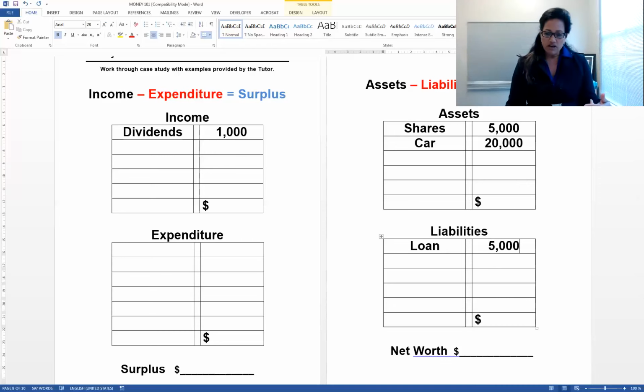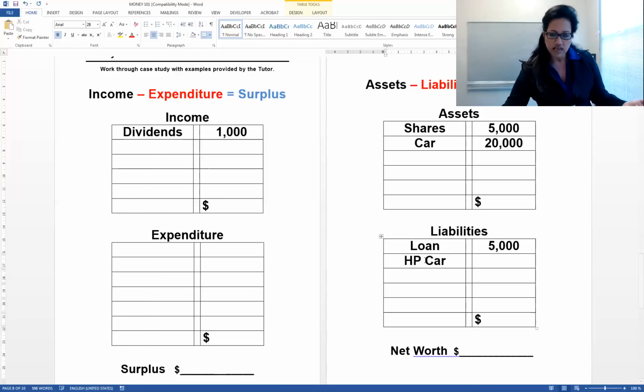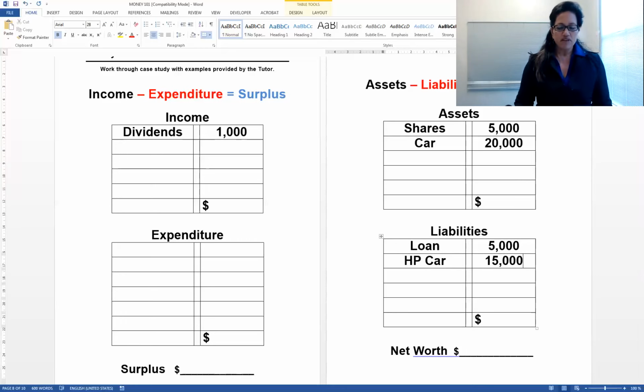So we've got the loan of $5,000, and the other bit that enabled her to get the car of $20,000 was a hire purchase. So she has a hire purchase for the car that she needs to have noted down. If she doesn't note it down somewhere, she might not keep track of it. She knows money's going out, but she needs to have noted down the true liability for the car.